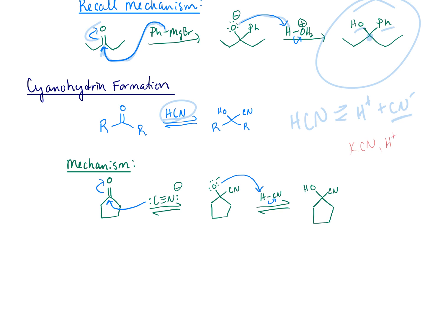It's getting at the same thing, okay? So in this case, what we end up with is a cyano group, CN, attached to the same carbon where there's an OH. This is a very similar type of mechanism where we have the electrons from the CN come to that carbon. Electrons go up to the oxygen, and then that oxygen comes and grabs a hydrogen from another molecule of HCN. So realize you've got a population of molecules here.